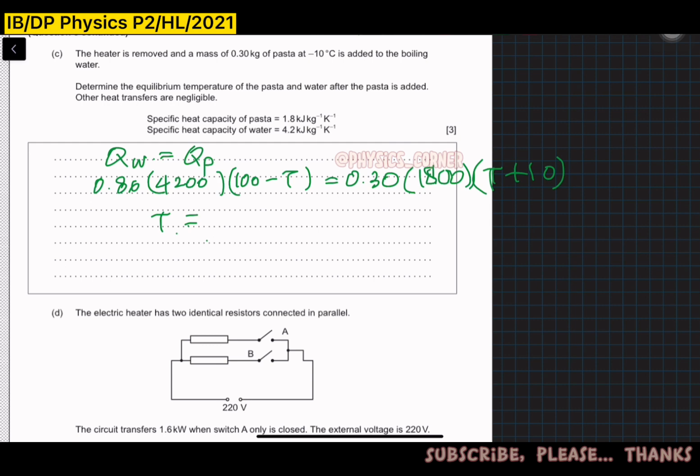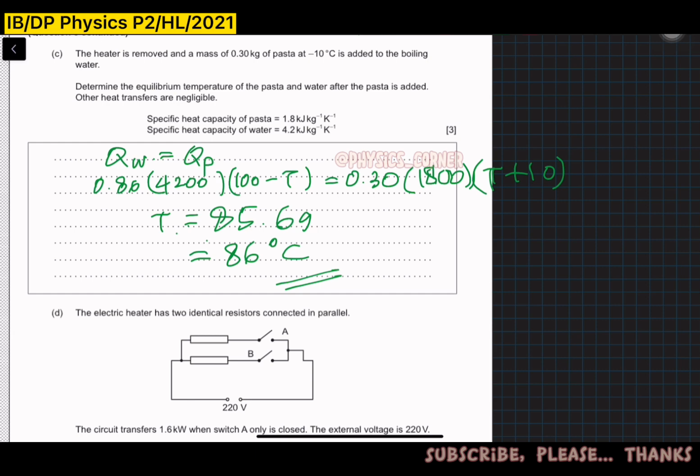Okay, done. This is about 85.69, maybe we round it. This is about 86 degrees Celsius. That's it.